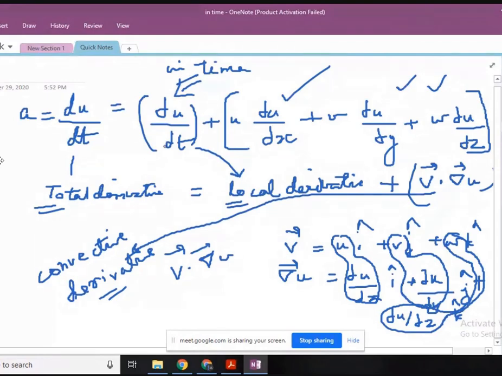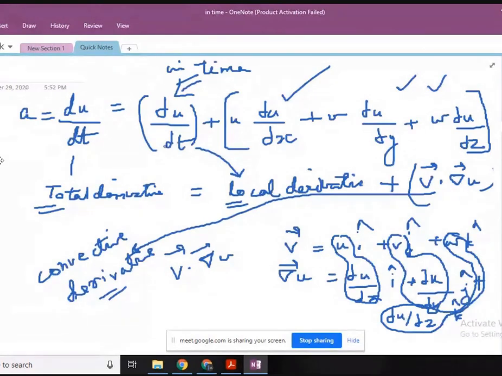In a fixed position, exactly. Very good, Amarnath. The probe cannot move because I'm not taking measurements at different locations. I take the measurement at a particular location, and the value I am tracking varies only with time, so the probe should be fixed at a locality. This is exactly why that derivative is called the local derivative. You are tracking the change of a property at a particular locality without moving.